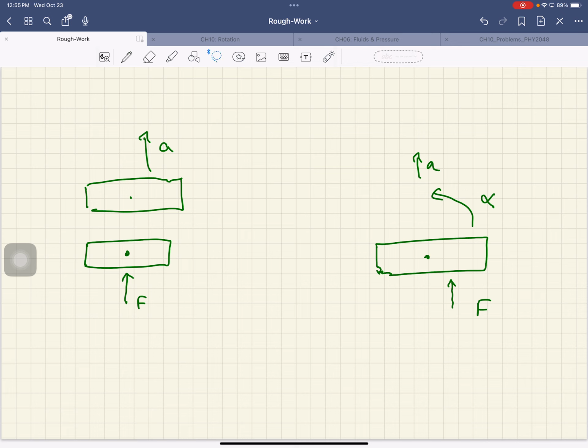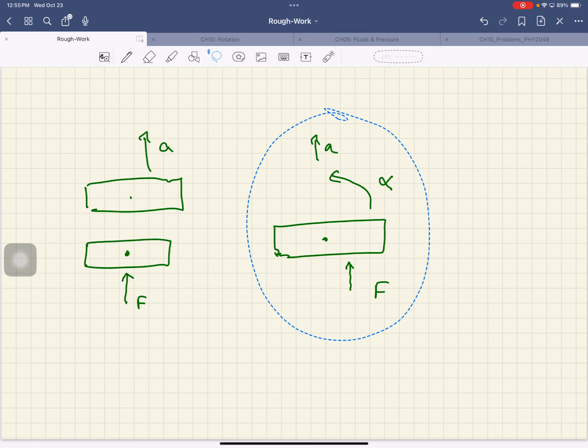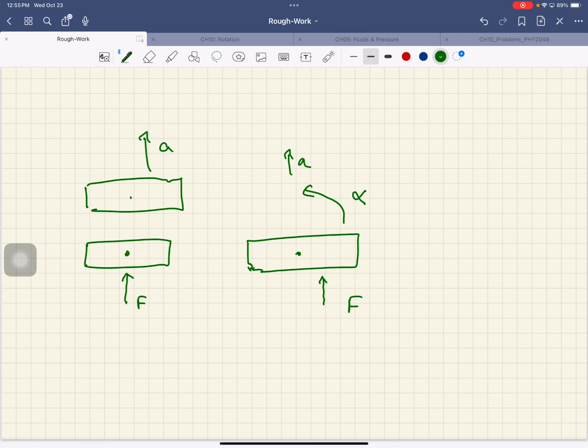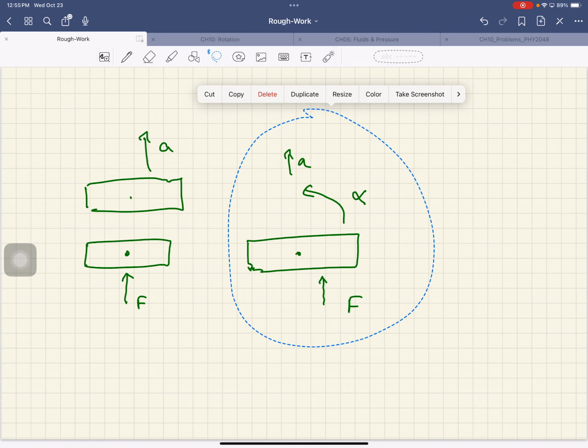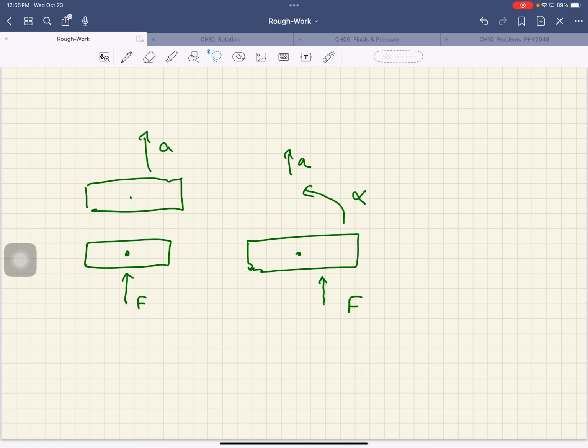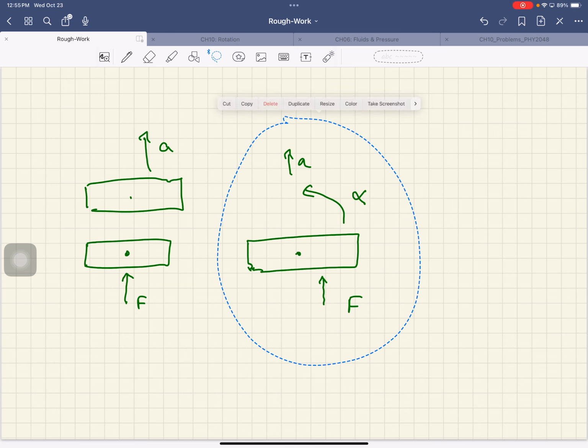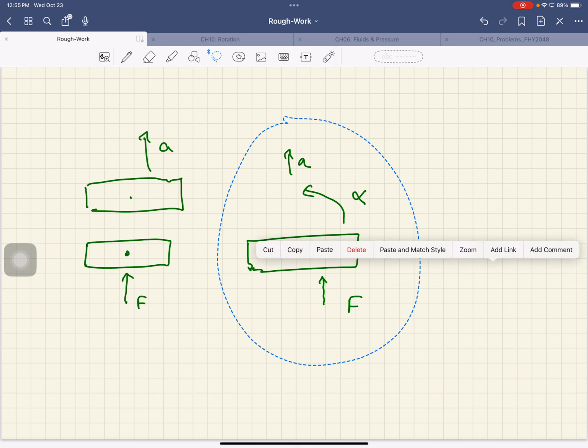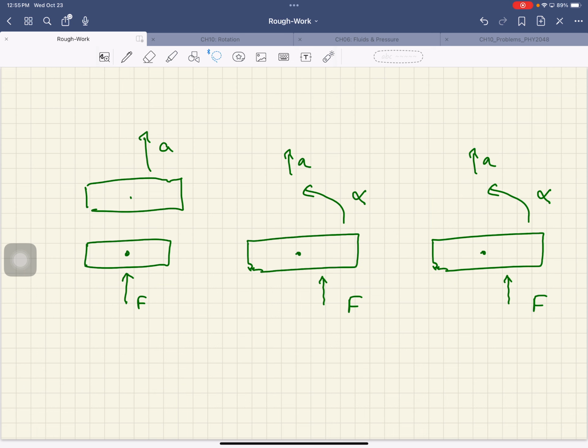All right, now we'll do a third experiment. We'll do it again, except that this time we'll apply the force there.